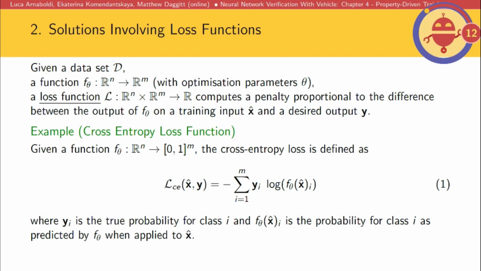Here yi is the true probability for class i, and f theta xi is the probability for class i as predicted by f theta when applied to xi. After that, you take a log, multiply, and then take a sum over all of your classes. So they are not very complicated things, those loss functions.